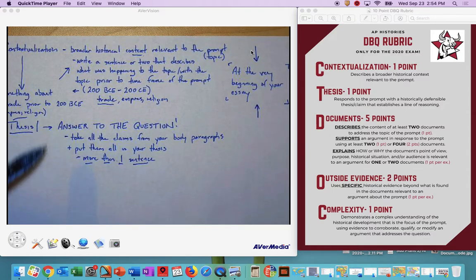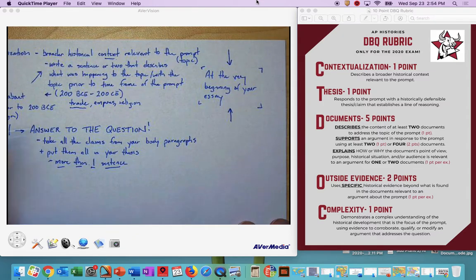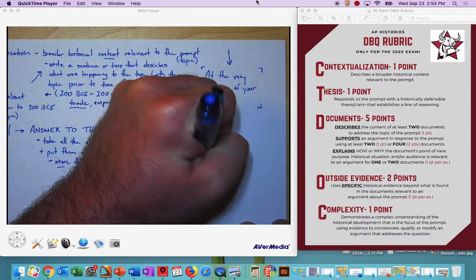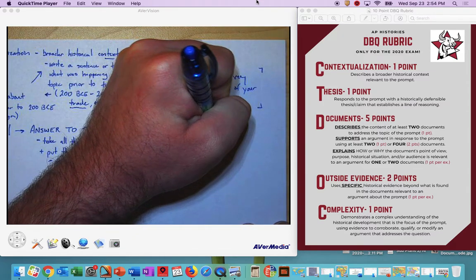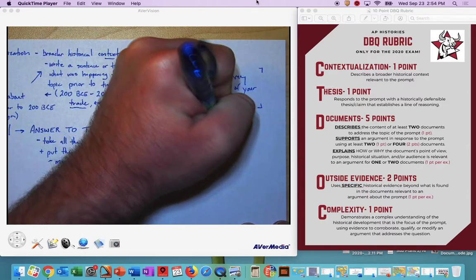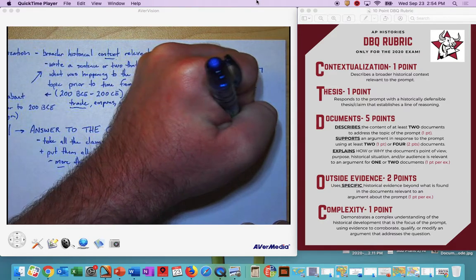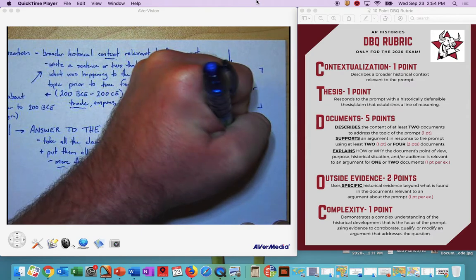This is going to be one of the last things you come up with, but it's going to be one of the very first things that you write because you're going to put this right after your context. Here is where your thesis goes. It goes after the contextualization.